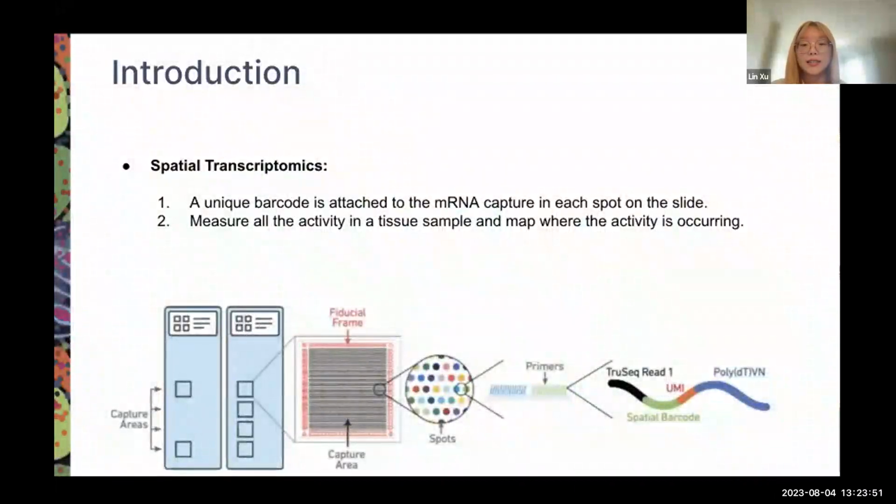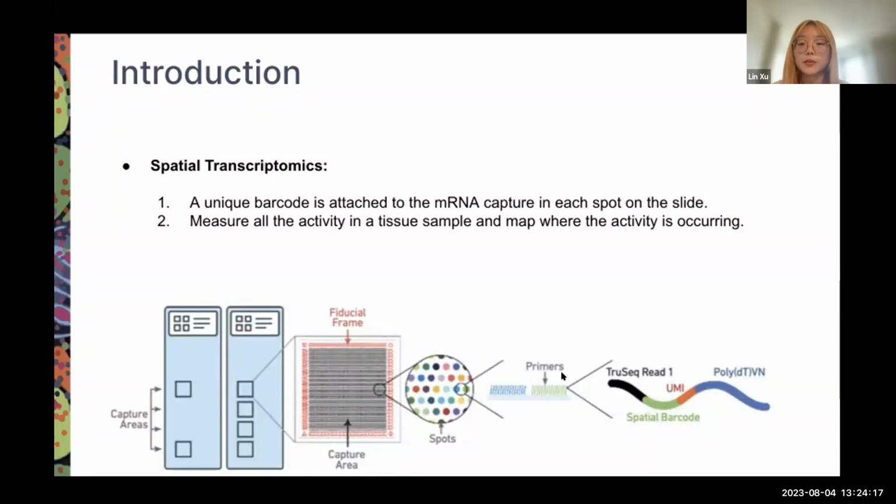So first, let's discuss the most important thing of this project, which is spatial transcriptomics. This will use a tool called Visium Spatial Gene Expression. This tool will measure the total RNA in the whole tissue section. On the Visium Spatial Gene Expression slide, there are capture areas with spots containing a special RNA capture molecule called primers.